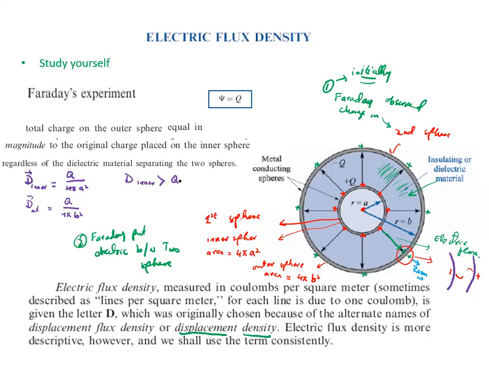D inner is greater than D outer, right? And D equals epsilon naught E. So E inner is greater than E outer. The charge is the same, but the electric field intensity of the inner sphere is greater than that of the outer sphere. Right?